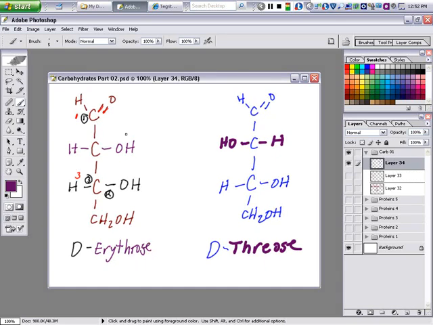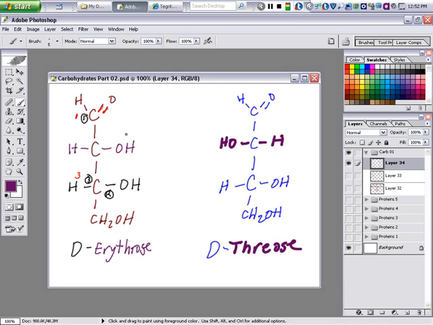Let's just go back here. I really need those models to be able to explain it to you, because if I were you and I were looking at these two, I'd say, well, I could just switch that around. I could just turn that and it's going to be the same molecule. But it's not going to be, because this is not planar. All of these molecules aren't planar. They make tetrahedral structures, with those 109-degree angles, and once you turn it around, things change.